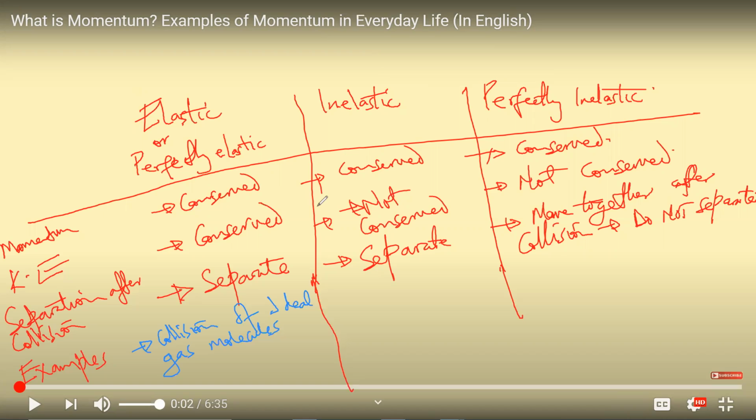It remains as kinetic energy. So one body gives all its energy to another in form of kinetic energy. And that's why the total kinetic energy before collision is always equal to total kinetic energy after collision. That is for perfectly elastic. But for inelastic and perfectly inelastic, that energy is transmitted to other forms.